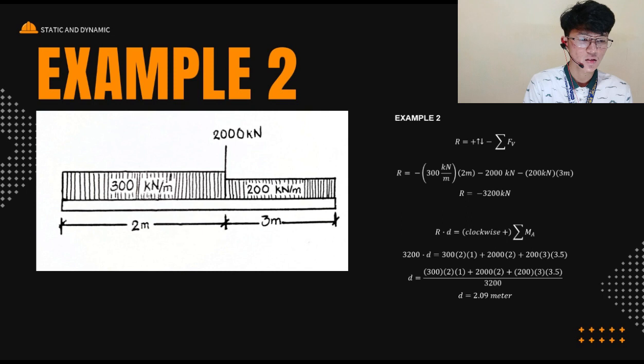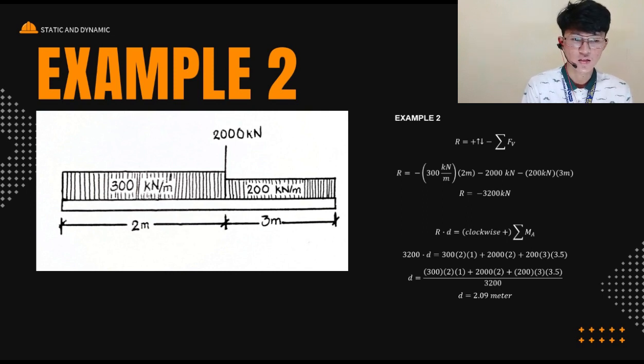So, kukunin naman natin yung distance ng resultant from the moment A. So, gamit yung formula na R times D equals the summation of moment A. Clockwise pag positive and counterclockwise if negative. So, resultant 3,200 times D equals 300 times 2 times 1 plus 2,000 times 2.